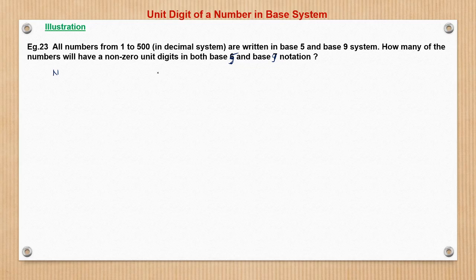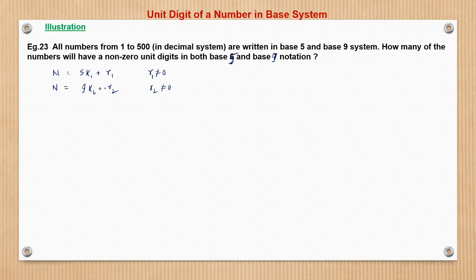A non-zero unit digit is only possible when n divided by 5 has a remainder r1 not equal to 0. Then only is it possible to have a non-zero unit digit of n when converted to base 5. And similarly, n is equal to 9k2 plus r2, r2 not equal to 0.